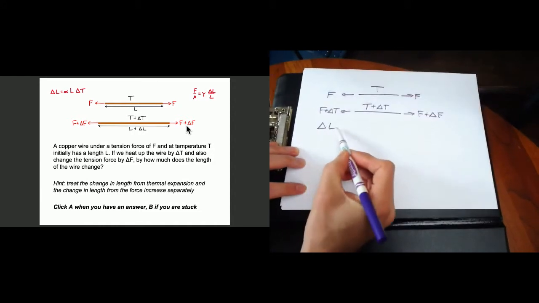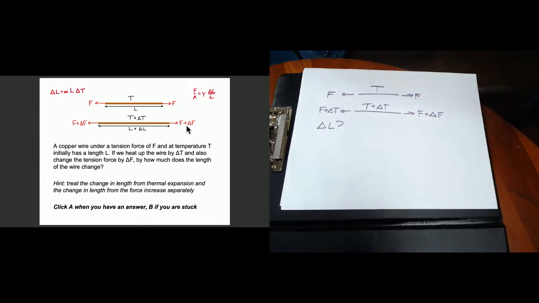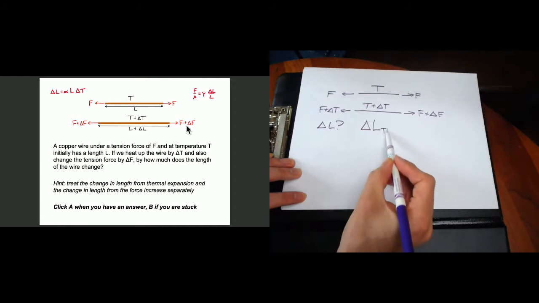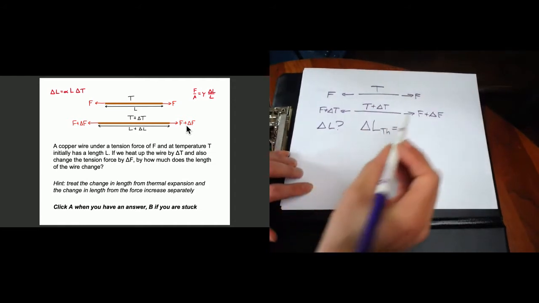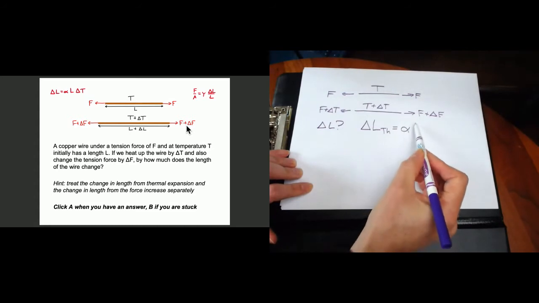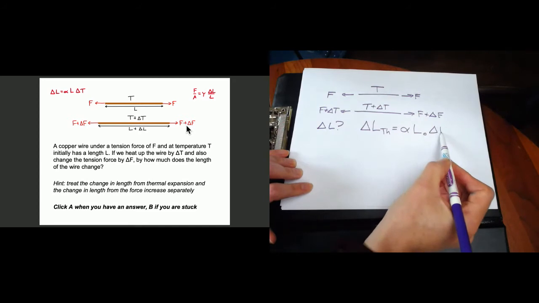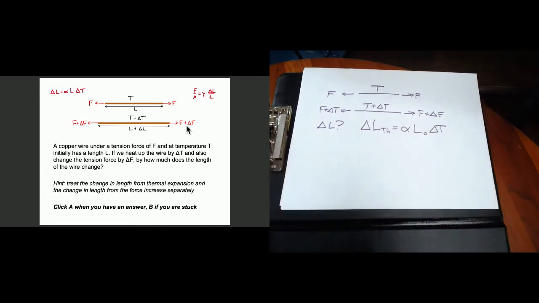And we want to know delta L. So the hint says that we're able to consider separately the effects of a changing temperature and the effects of a changing force. And so it's easy to write down the temperature change. That's just the thermal expansion formula. We can write that as delta L thermal equals alpha times L0 times delta T.